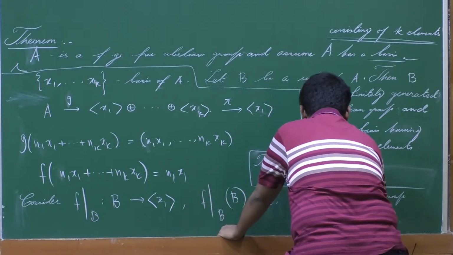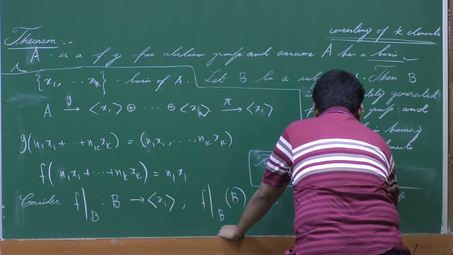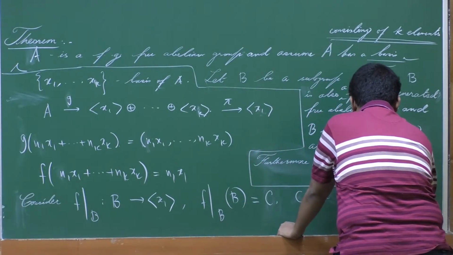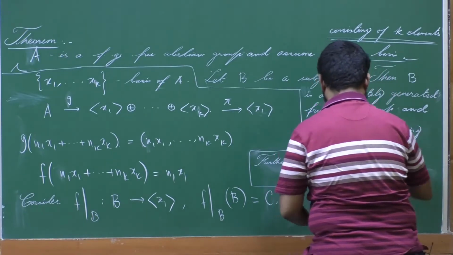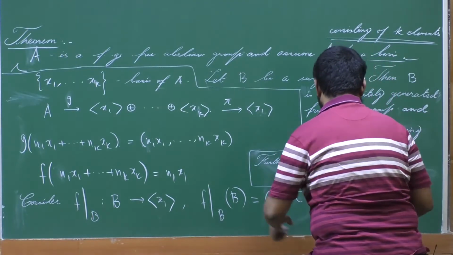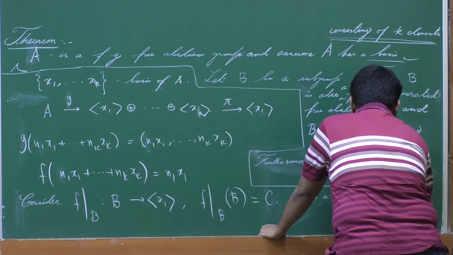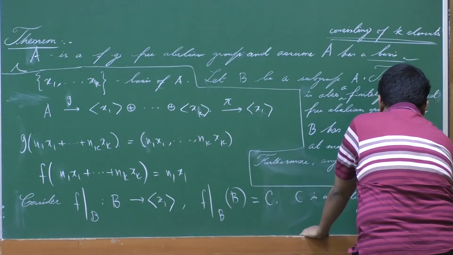Any two bases. Any two bases. So I should put it in this way. So, any basis of B must be finite.